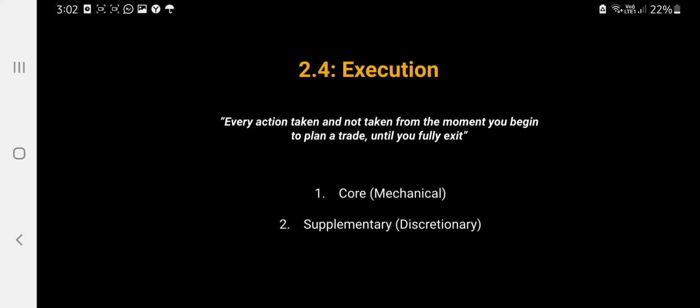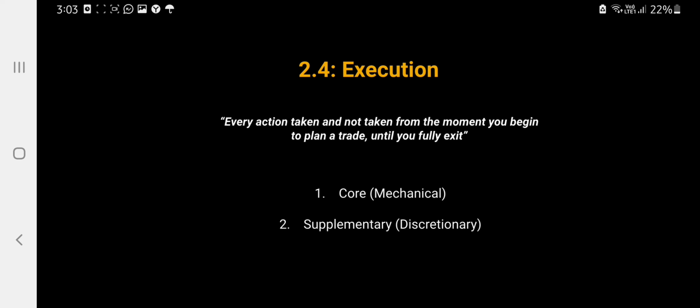Or keeping a trade open too long, even though you know that if it hits invalidation, you should exit. So, every action taken and not taken from the moment you begin to the moment you exit.